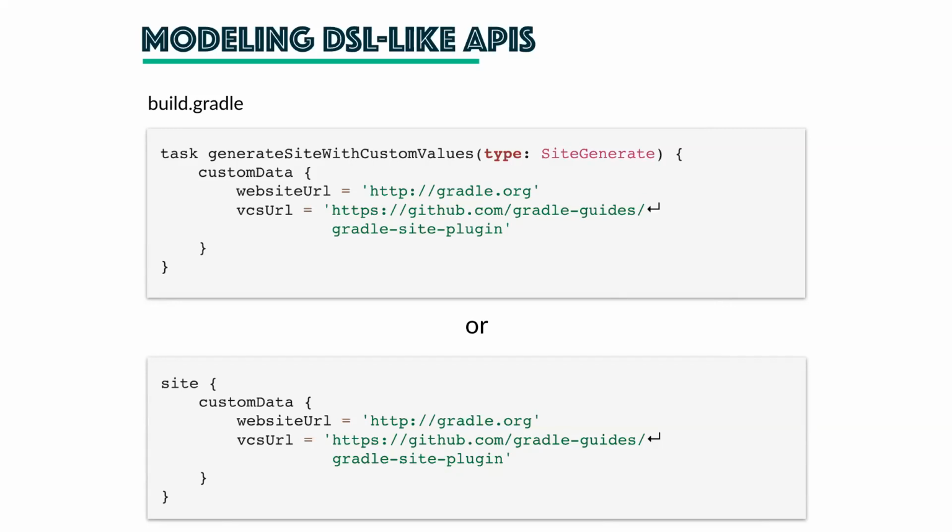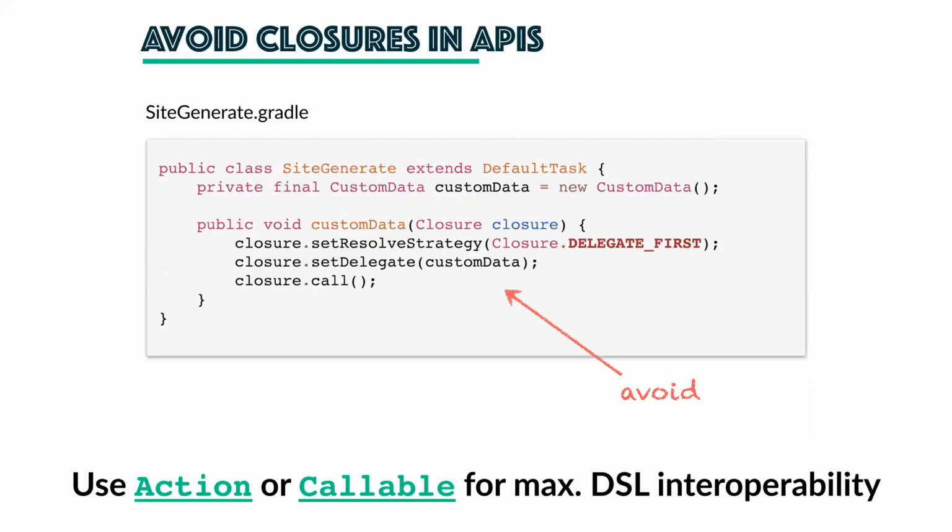And you can see this can either be provided on the top level of a project, but also on the level of a custom task. So how you want to make this configurable, up to you. Usually the better option is to make this configurable on the level of the project with the help of a so-called extension. That's pretty much the equivalent to what we've seen in one of the earlier slides, where we basically exposed an extension to expose this custom DSL.